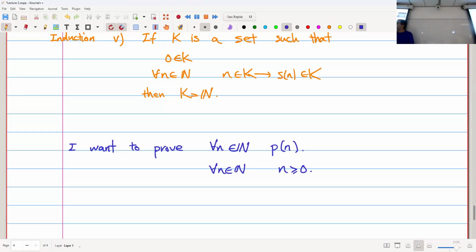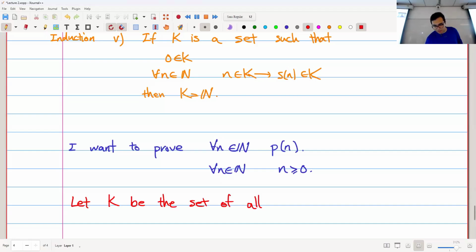So I can say, consider the set of all the numbers that satisfy my predicate P. I can say, let K be the set of all natural numbers n such that P of n.